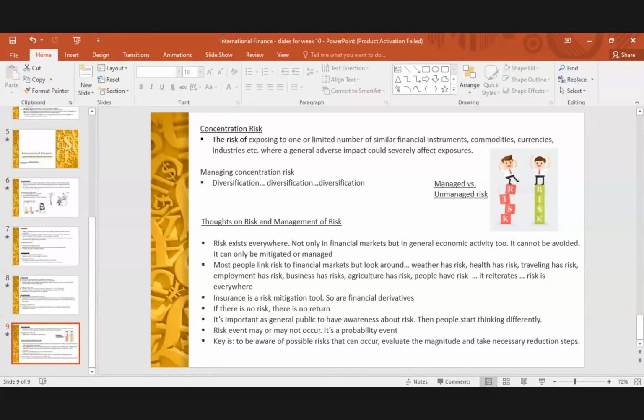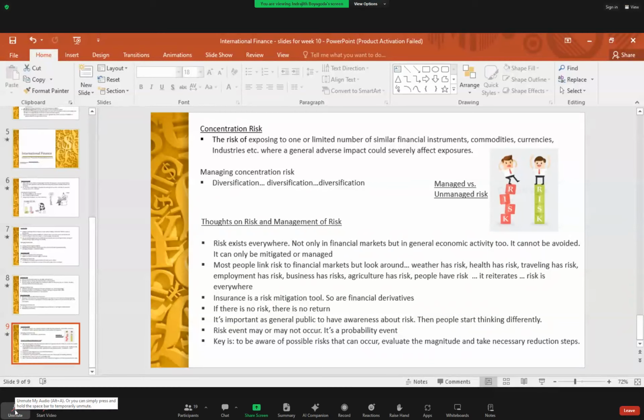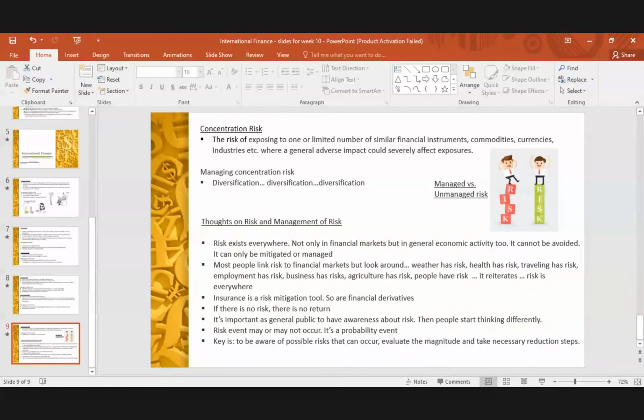I can't control that. Right? That cannot be eliminated. What do I do then? Accept that risk, and then try to minimize that risk. How do I minimize that risk?